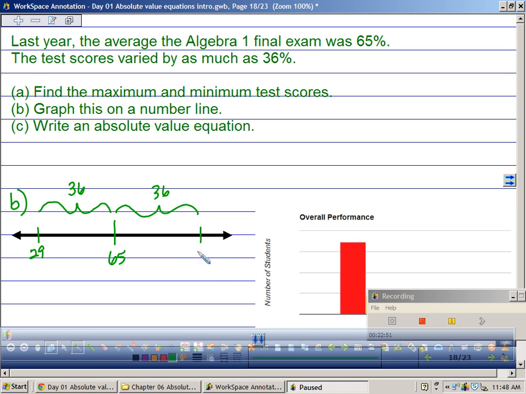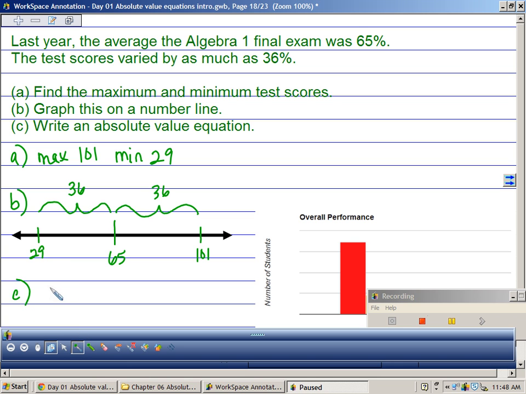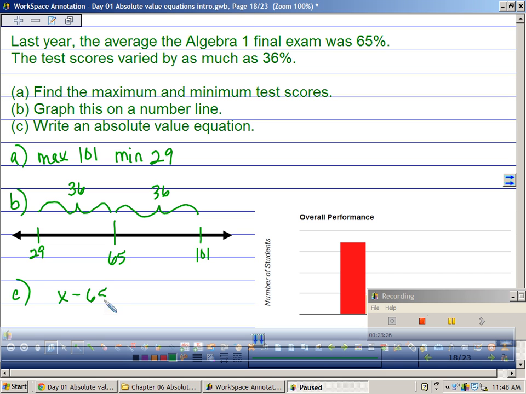Did you figure out how much 65 plus 36 was? Should be 101. Did you guys get 101 and 29? Okay, so what are my maximum and my minimum? What's my max? 101. And what's my minimum? 29. And what's my equation? Who thinks they have my equation? Matt, how about you? The actual equation: x and the difference of 65 is not just 36, but less than or equal to 36.